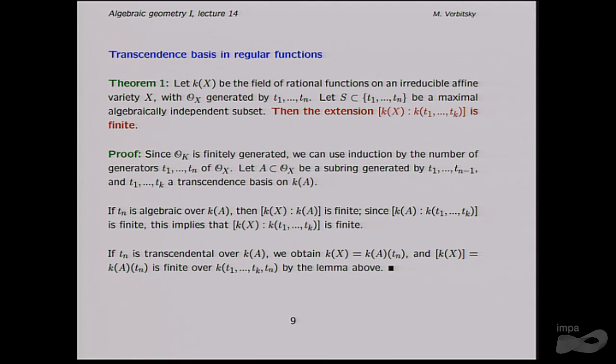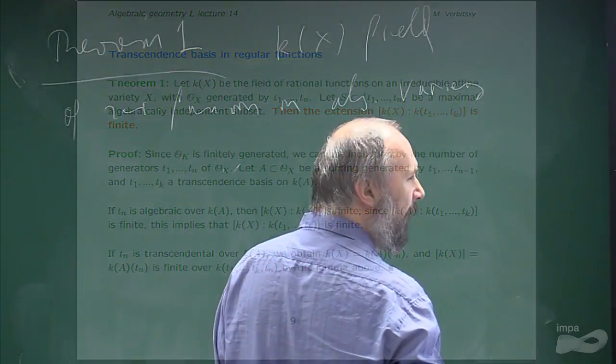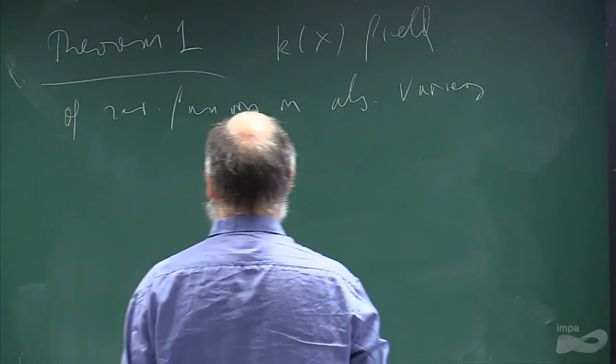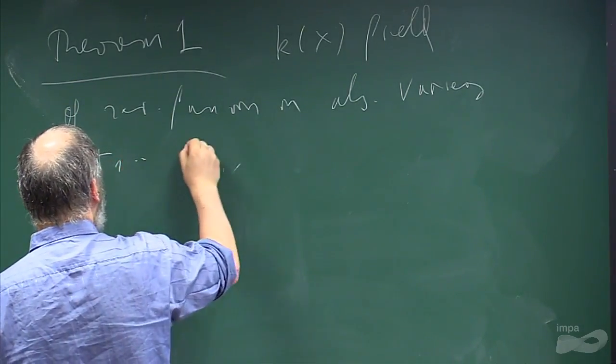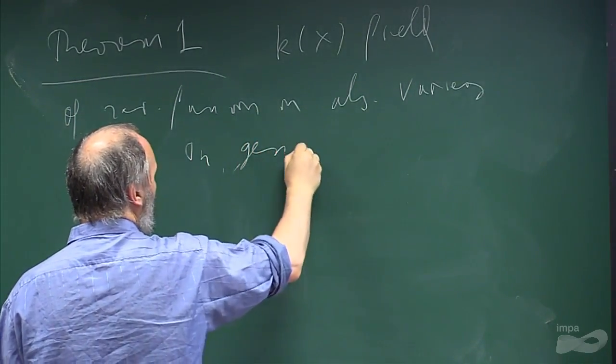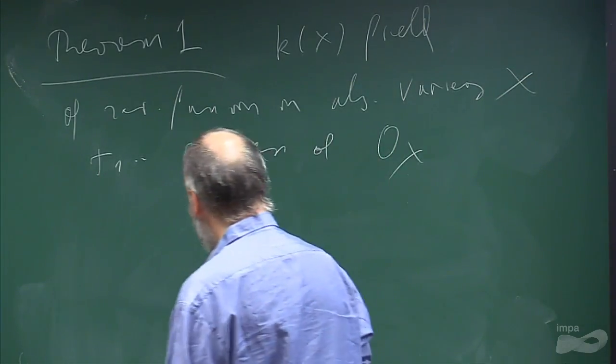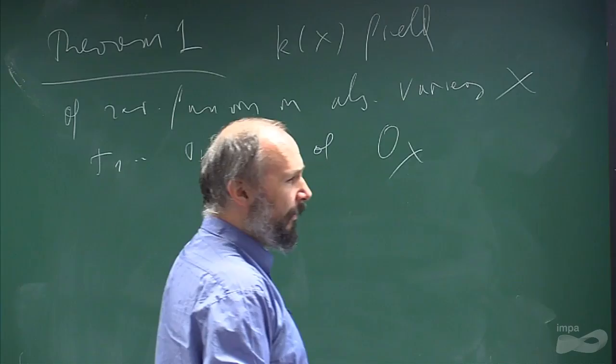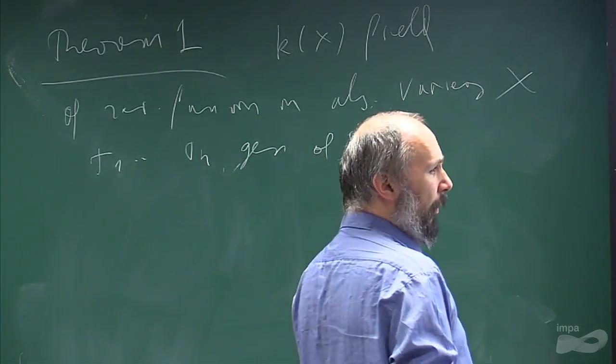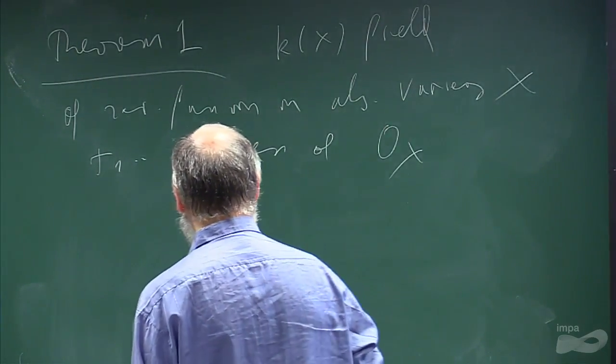And then T1 dot Tn are generators of O of X. And then you have a certain subset. You can take this subset in T or anywhere else.